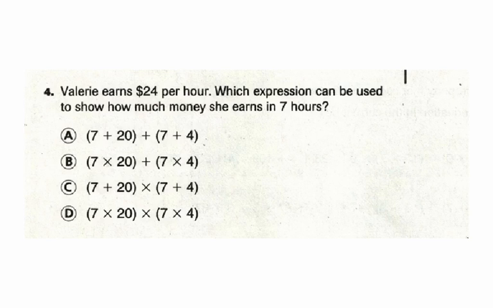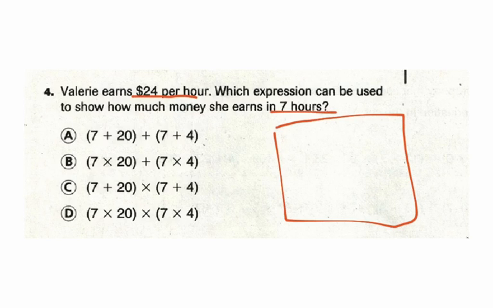If Valerie earns $24 an hour, which expression is used to show how much she earns in 7 hours? So basically, if I was going to do a model, I would probably use a distributive model for multiplication. She earns $24 an hour in 7 hours.